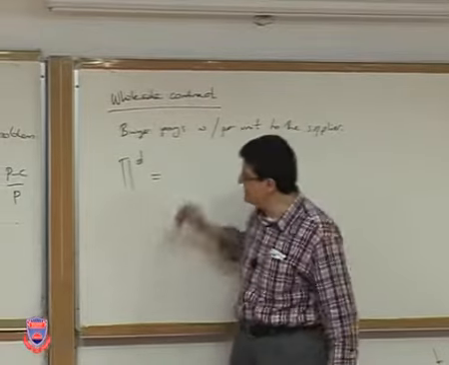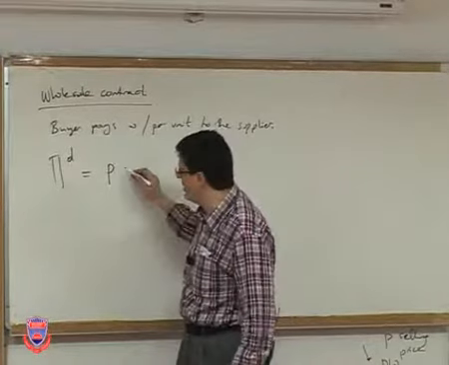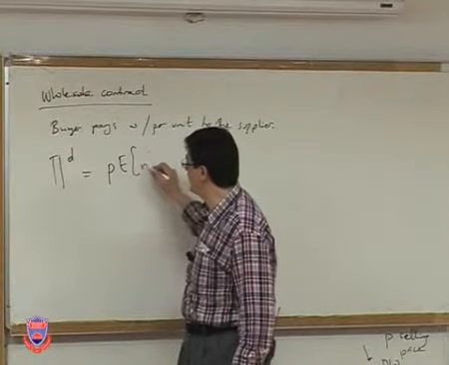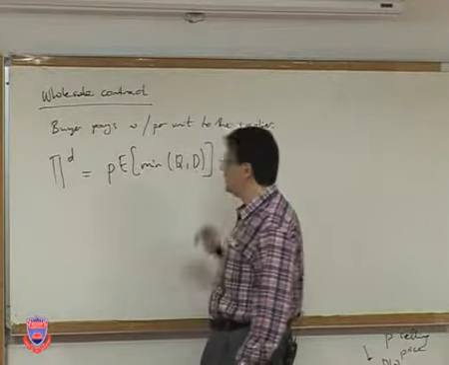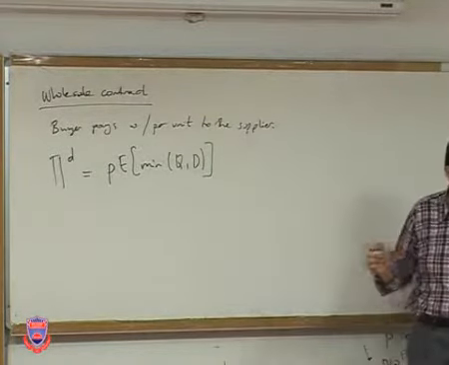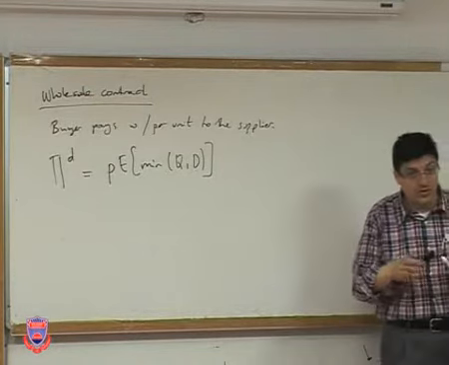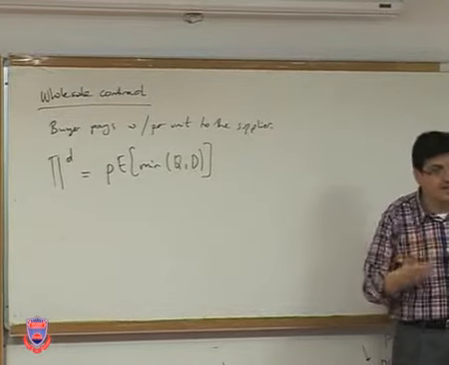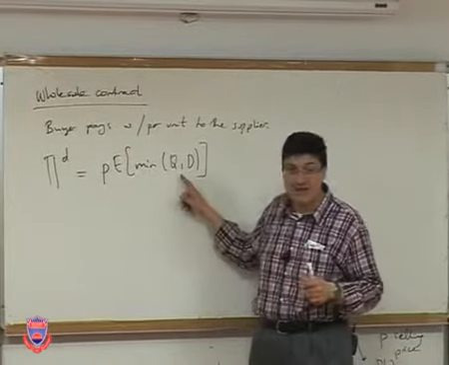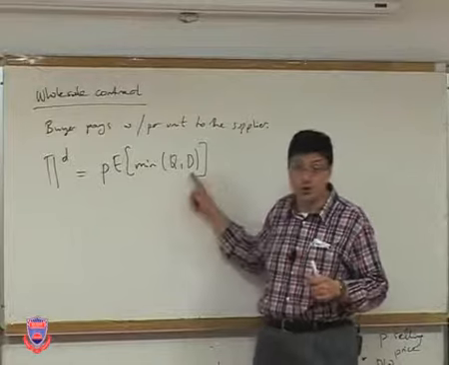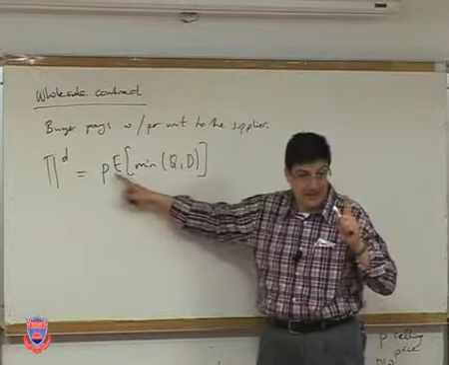Just looking at this, I am going to have P again for the items which are sold. So P times the expected value of the minimum of Q and D. This part is still going to be the same. In other words, the revenue that the retailer, the buyer, is going to receive will be exactly the same if Q was the same. The structure is the same.